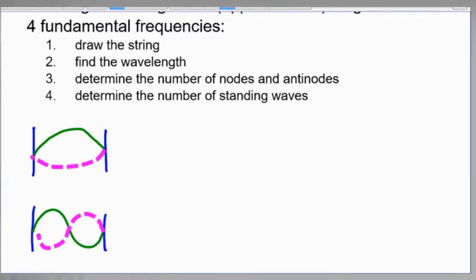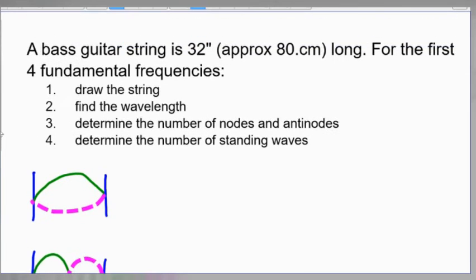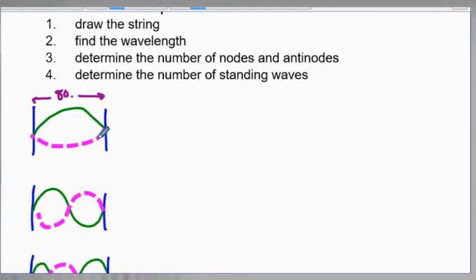Next question says, find the wavelength. So the wavelength is how long does it take to go through one full cycle? Well, we know that these are, let's say, 80 centimeters apart from here to here. So let's look at each of these. This one is only half of a wave. We need to go all the way to here to get one wave.